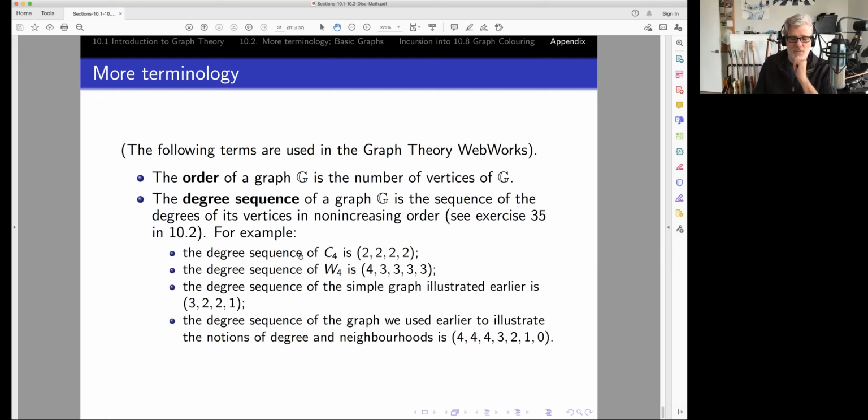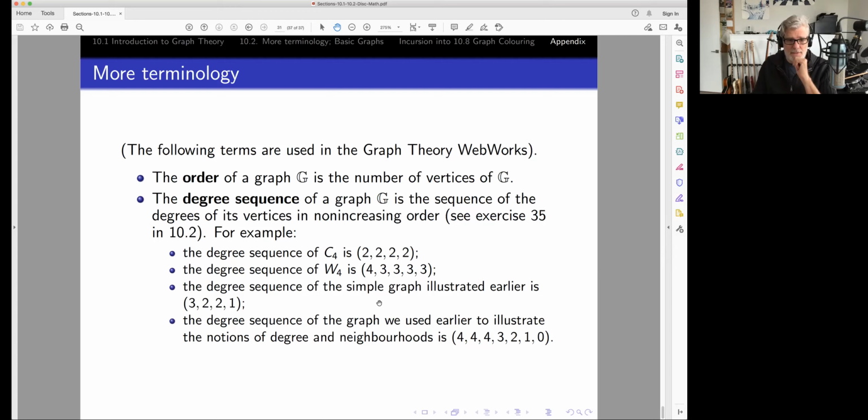So the degree sequence of the 4-cycle is 2, 2, 2, 2, because it's a cycle, everybody has degree 2. The wheel W4, remember, is the 4-cycle and you add somebody in the middle. This guy in the middle has degree 4, and everybody else has degree 3, which is 2 for the cycle and 1 for the new vertex.